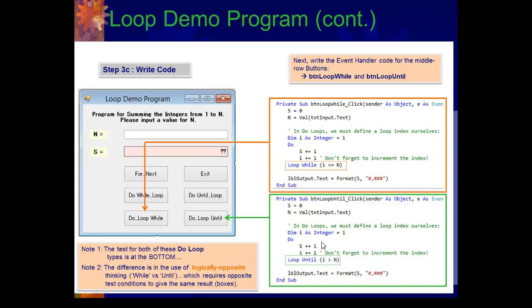The conditions come where? At the end, right? In the last screen, we had do while up here, right? And we also had down here, we had do until up here, right? But we don't have that here. Where's the while in this one? Down here after loop. And where's the until here? Here. So these can produce different results than the previous screen. And in this case, they won't.